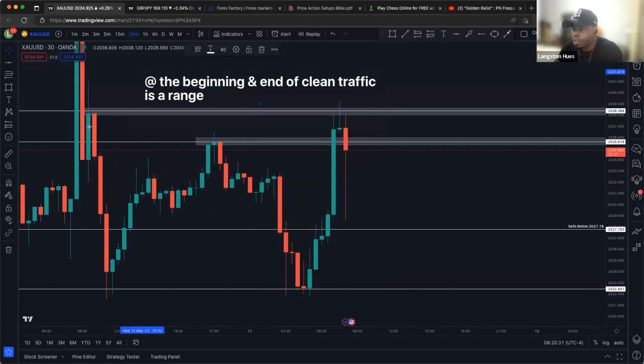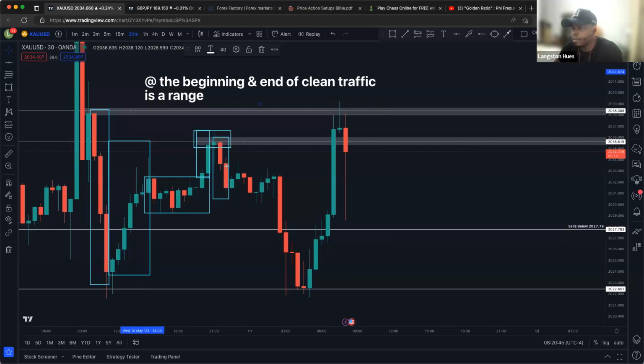So this is clean traffic. After clean traffic, this was more clean traffic. Great. But after clean traffic, there's a range. Then clean traffic, small range, clean traffic, range, clean traffic, small range, clean traffic.